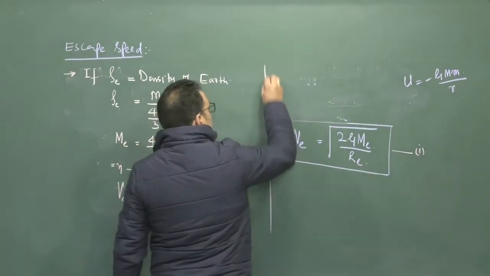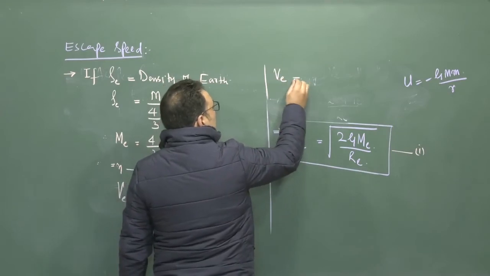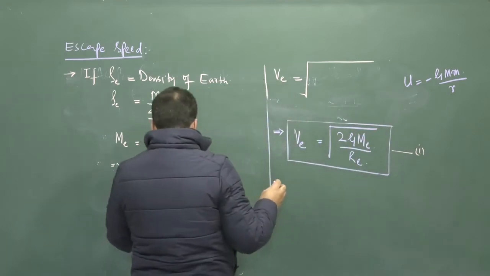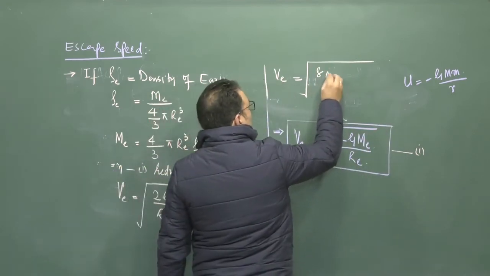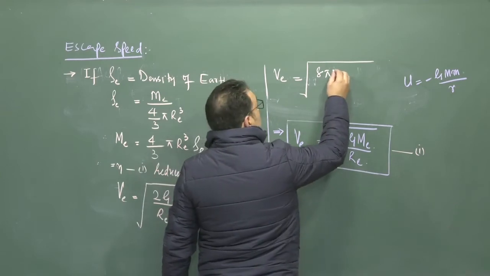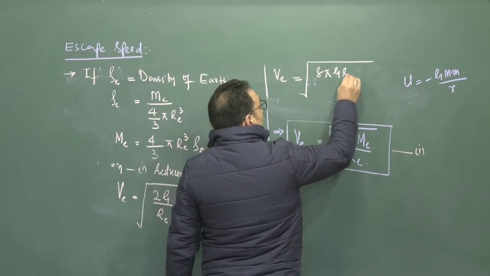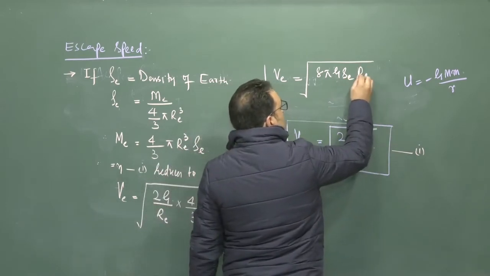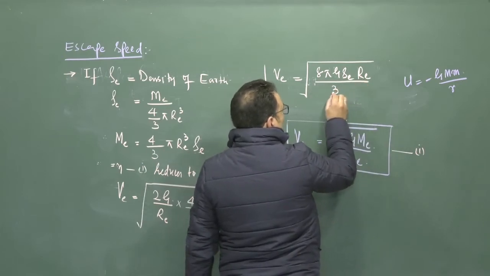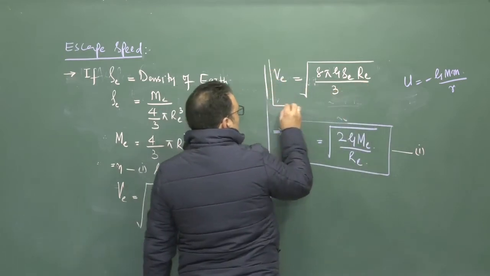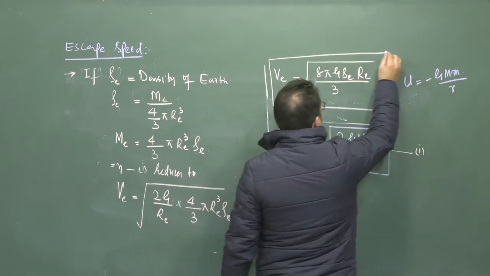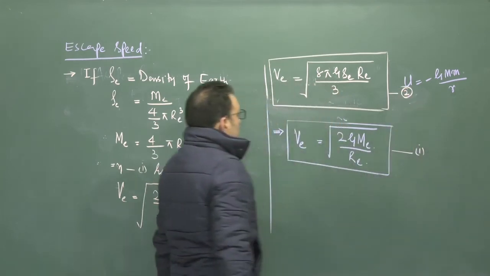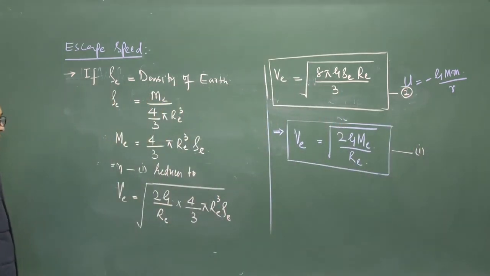Let me simplify this, and we can write this as 8 pi G rho_e R_E square by 3. This is the expression for the escape speed in terms of the density and the radius of Earth.